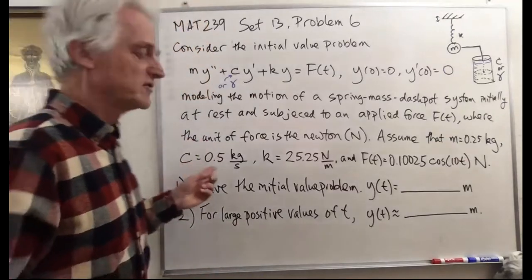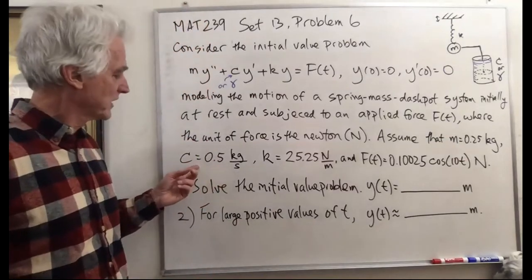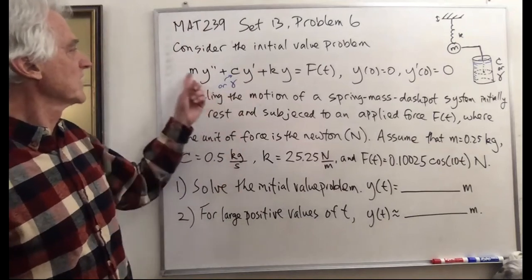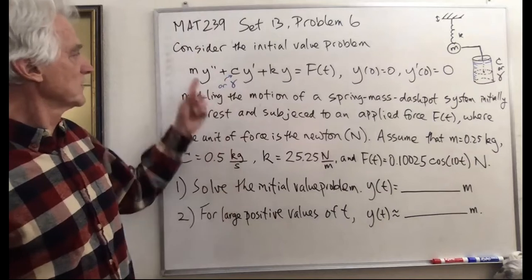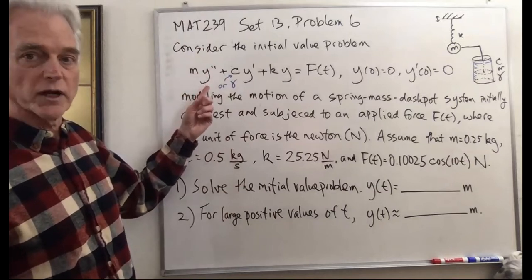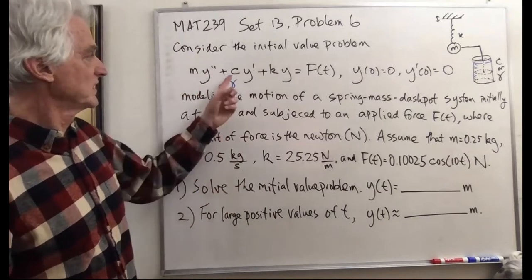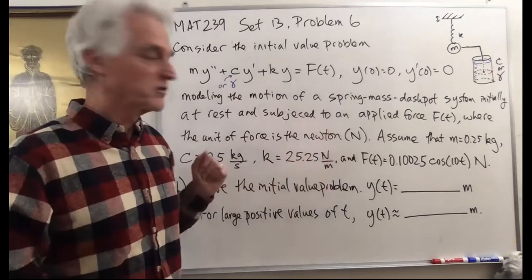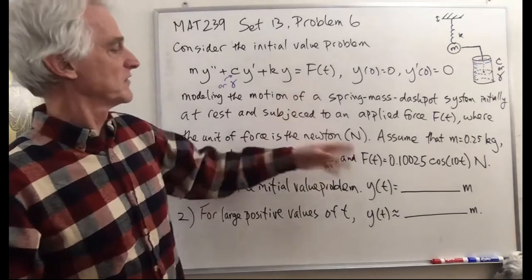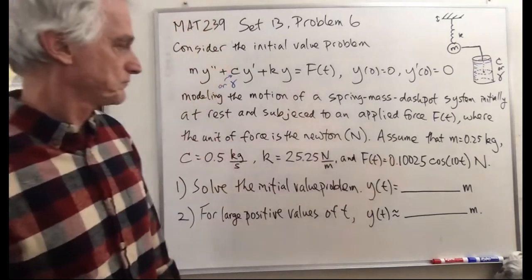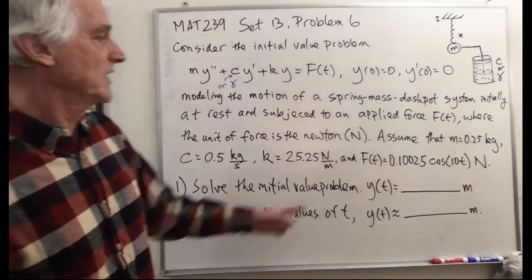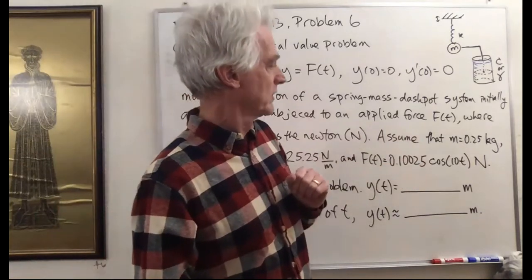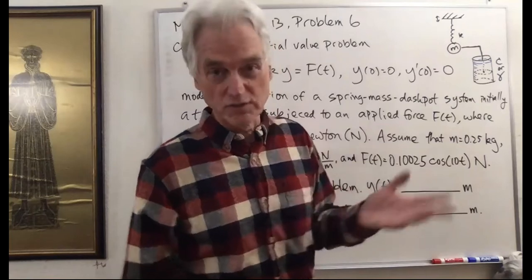The damping constant is 0.5 kilograms per second. We can think about units: everything in this has units of kilograms meters per second squared, so that's what the units of c have to be. K is newtons per meter. It is 25.25 newtons per meter, and the force is 0.10025 times cos 10t newtons.